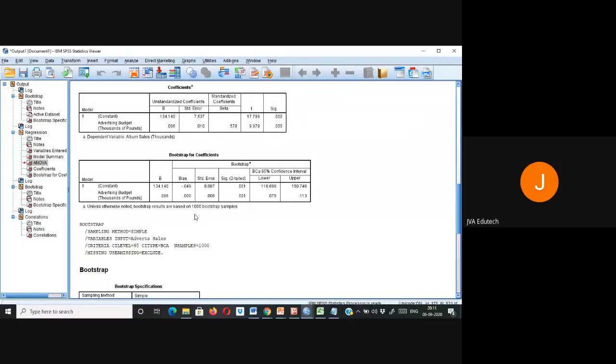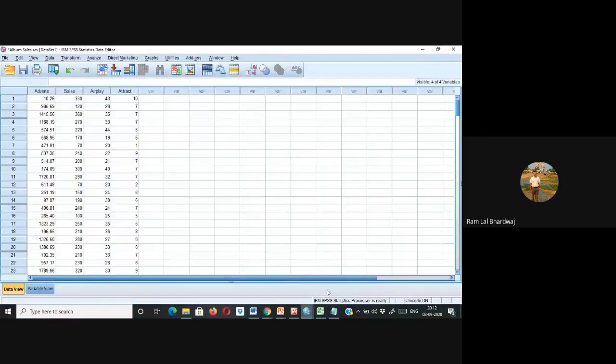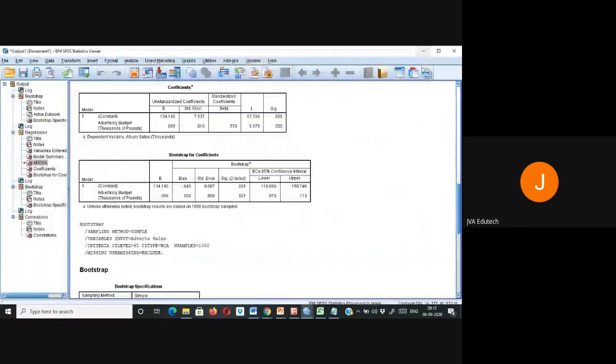Yes, sir, because this is in thousands. What we have said is that sales of albums are in thousands. If you could see, the advertising amount is also in 1,000 and the sales of albums is also in 1,000. So from this table it's very evident that B0 is equal to 134.140.